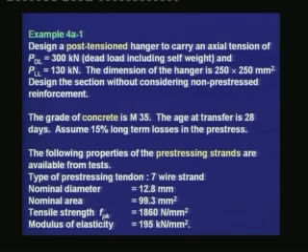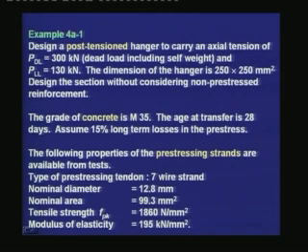The dimensions of the hanger are 250 by 250 millimeter square. Design the section without considering non-prestressed reinforcement. The grade of concrete is M35. The age at transfer is 28 days. Assume 15% long-term losses in the prestress.